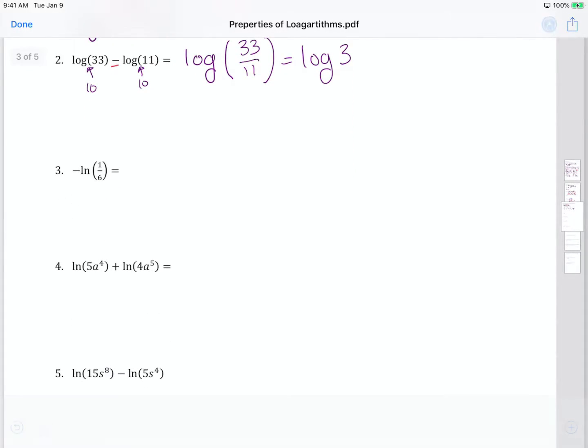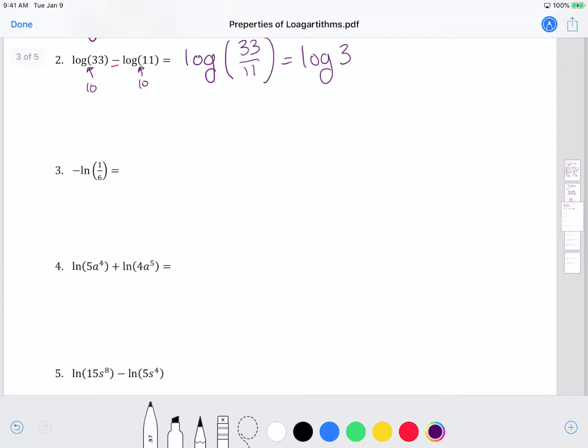Now in the next example here, I do have a coefficient. I have a coefficient of -1. So the first thing I want to do is bring this -1 up as the exponent for the 1/6. So I'm going to rewrite this as natural log of 1/6 to the power of -1.